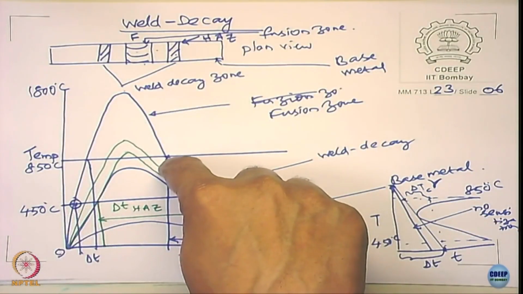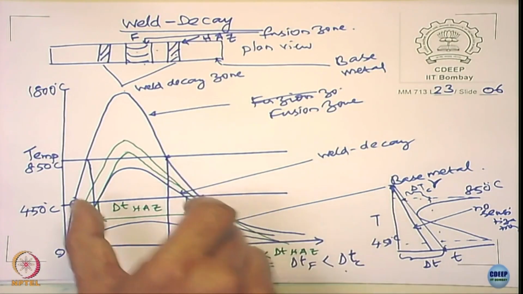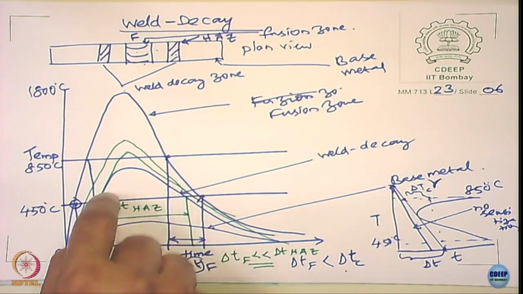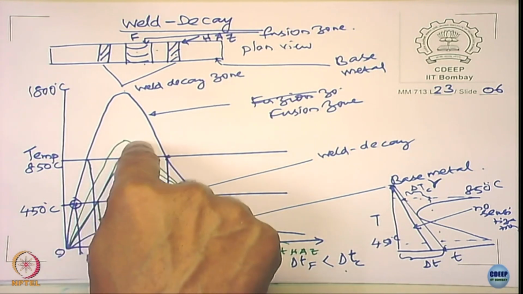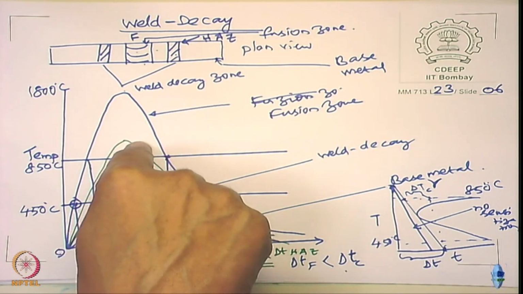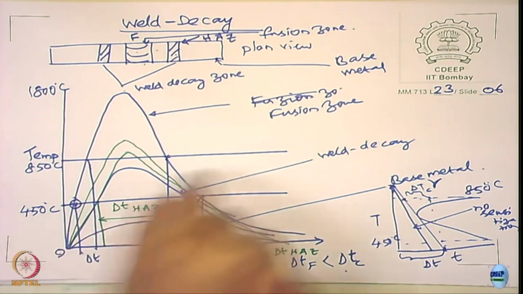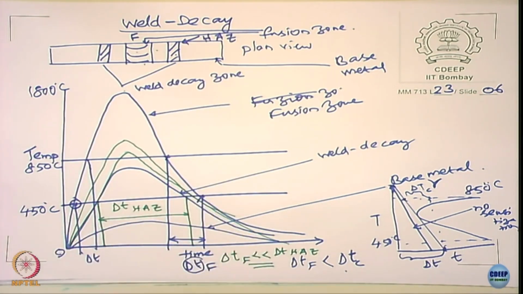Generally, you would say that the time and temperature required is the same. If that is the case, then the fusion zone inherently will have less time in the sensitization region as compared to the heat-affected zone, because the heat-affected zone never crosses the solubility regime, it does not go up. That is the reason why it is happening at all.